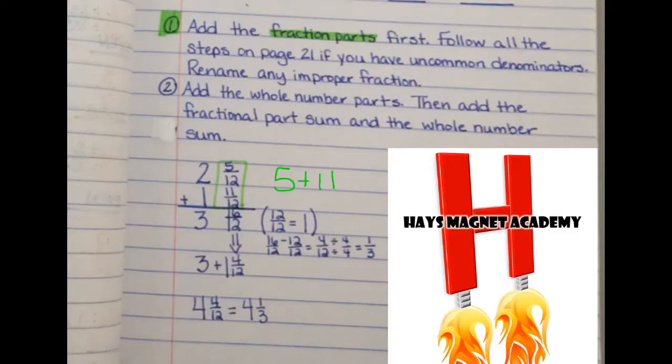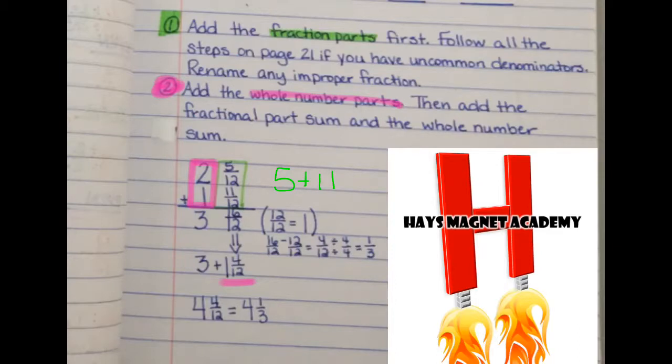Then step 2. Step 2 is the whole number parts. You add the whole number parts. So we're going to add the 2 plus the 1. That gave us 3. Then you add the fractional part sum, what you got from when you added your fractions.